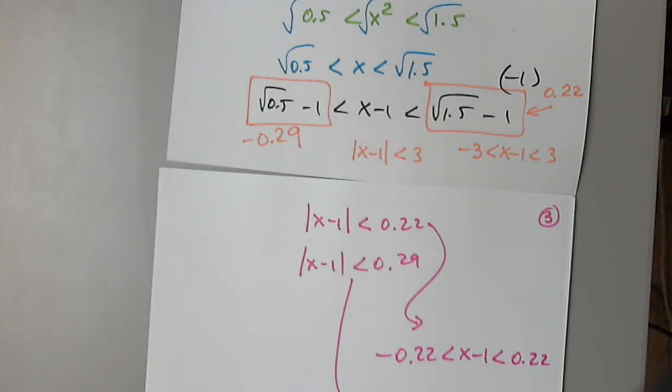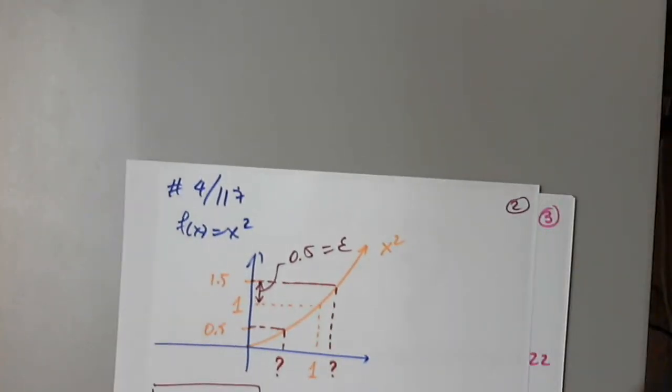In other words, this is 0.22 and this is 0.29. It's 0.22. So therefore delta is 0.22.